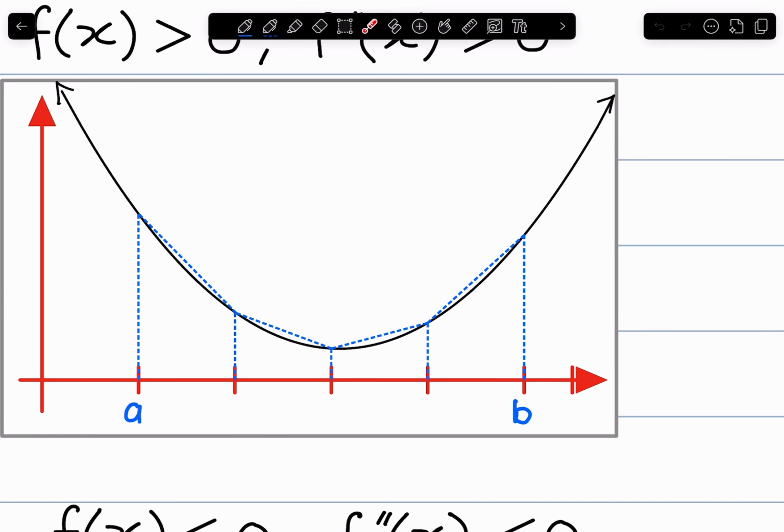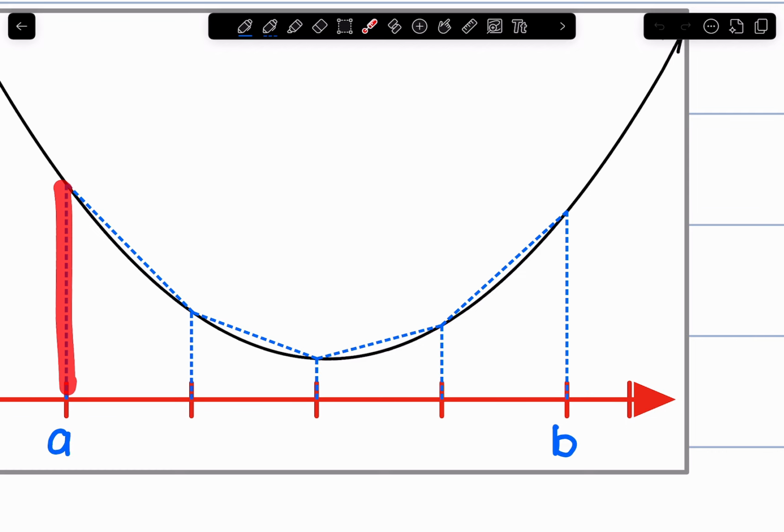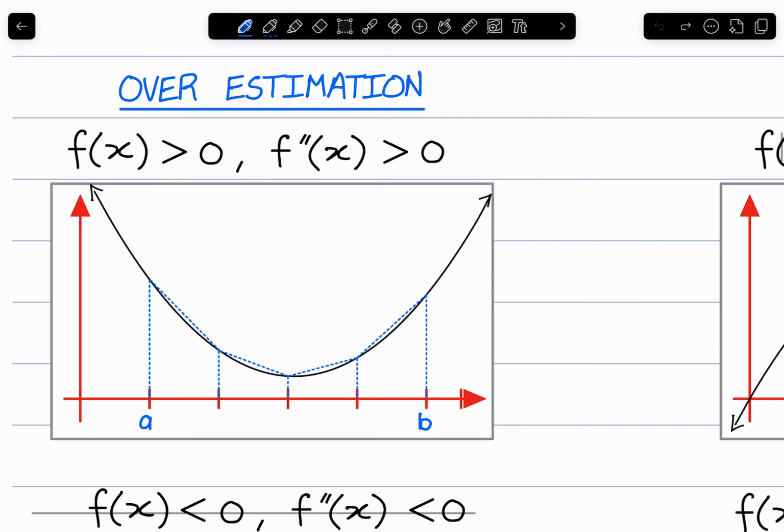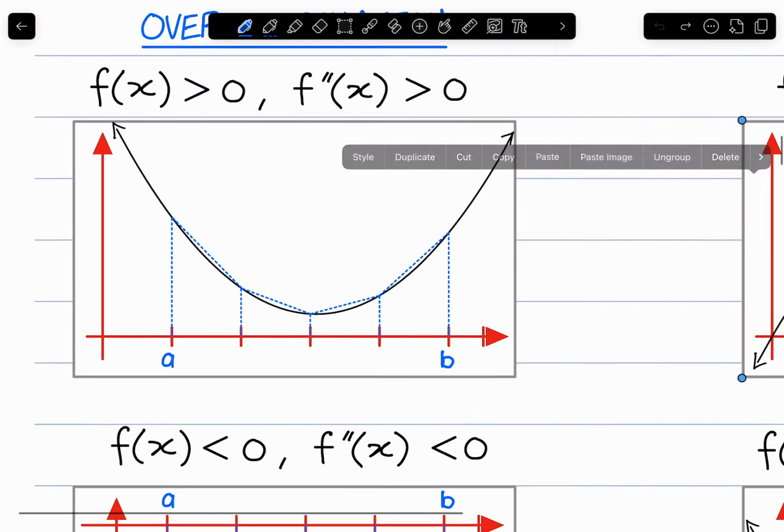You can see that, since we're calculating the area of these trapezium, we're actually overestimating because there are bits here that go above the x-axis. So this is an overestimation if it's concave up and the function is entirely above the x-axis.